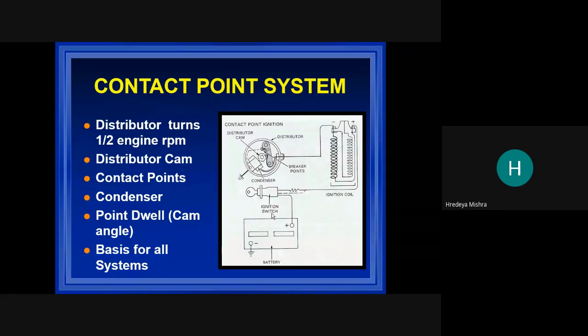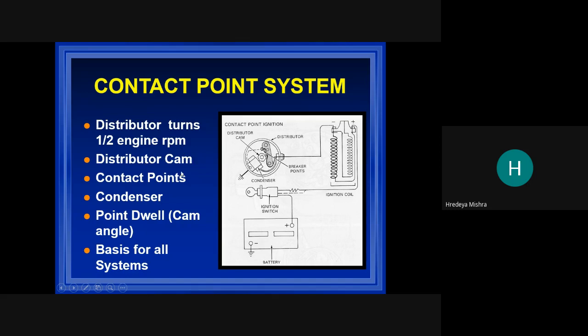Contact point ignition system. What is that? The distributor turns at 1 by 2 engine RPM.